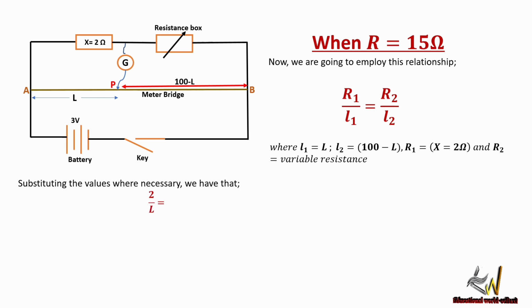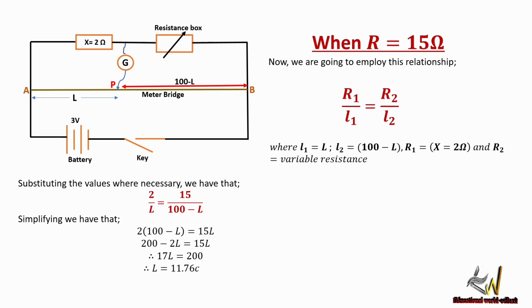In doing that, we now have that 2 over L is equal to 15 over 100 minus L, and simplifying, we have that 2 open bracket 100 minus L close bracket is equal to 15L. Opening the brackets and collecting like terms, we now have that 17L is equal to 200.